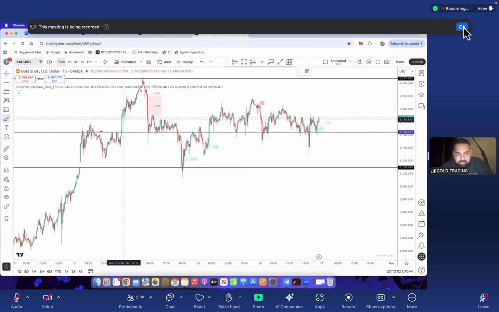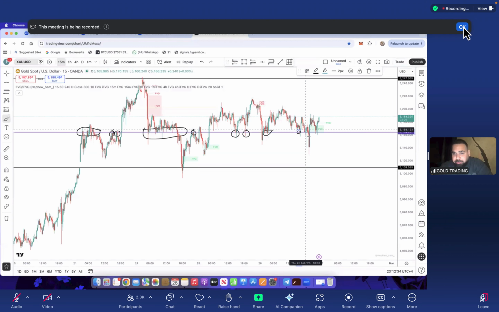Here we've had a bunch of reactions from this line, and then it reacted again here. Numerous touches here, look, and it bounced off the line. I missed this one right here, it bounced off here, from this wick here, a few candles here, and again here.